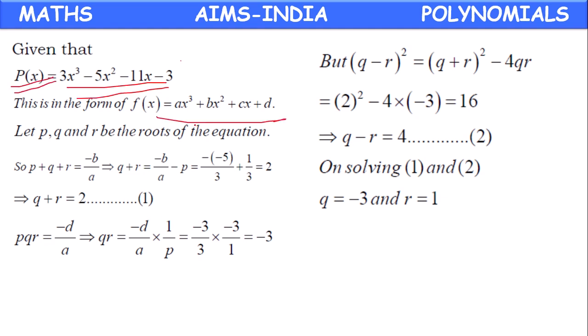It is in the general form, ax cube plus bx square plus cx plus d. Suppose if p, q, r are the roots of the equation, then p plus q plus r, according to formula, equals minus b by a.